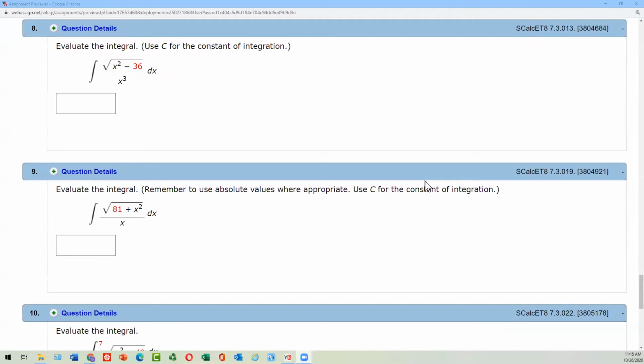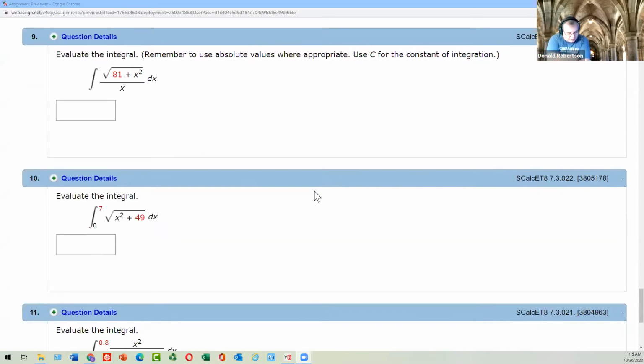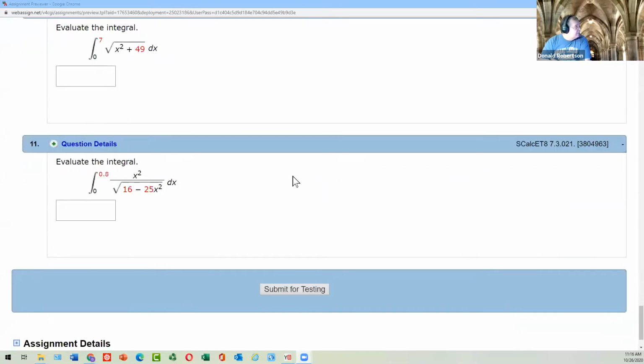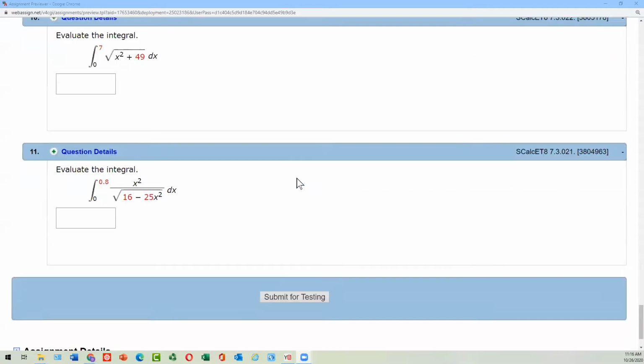And so that's going to be what, 6 secant theta? Question 9, who are you going to use? 2. And that's going to be 9 tan theta. Question 10, who are you going to use? 2. And that's going to become what, 7 tan theta?